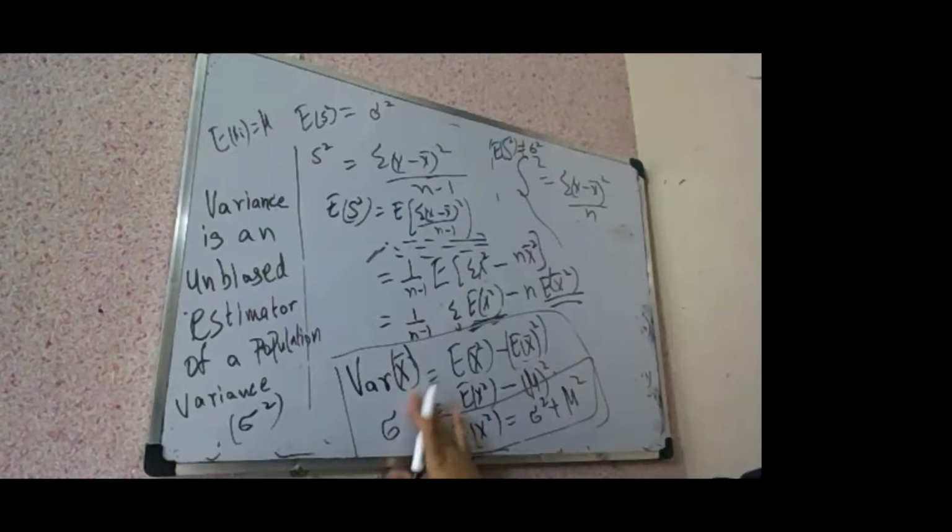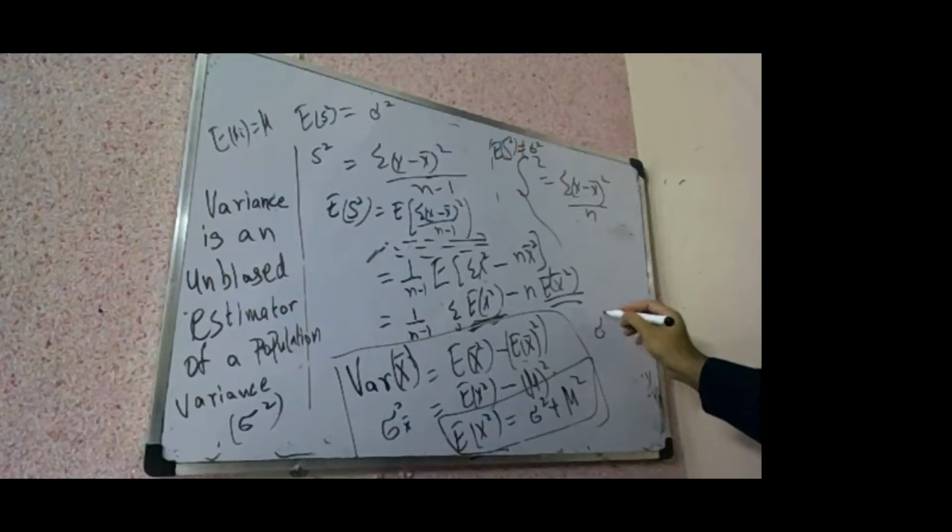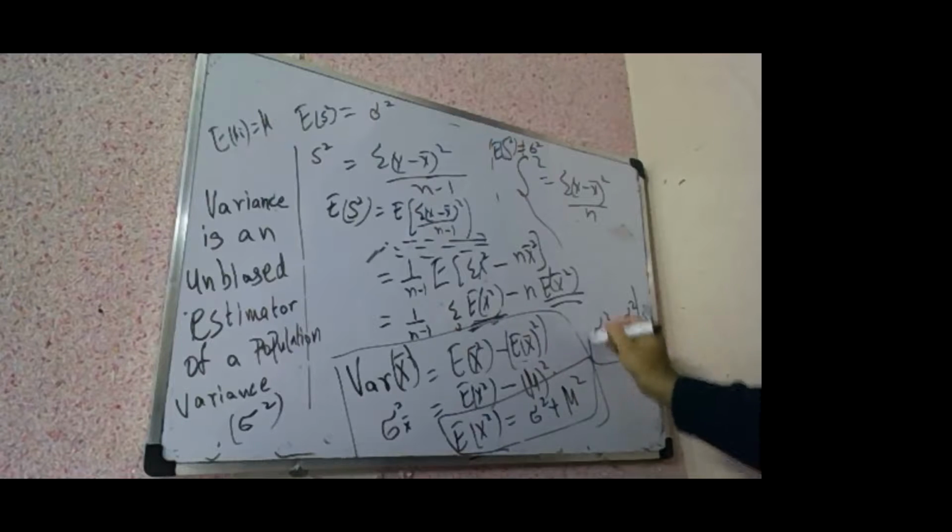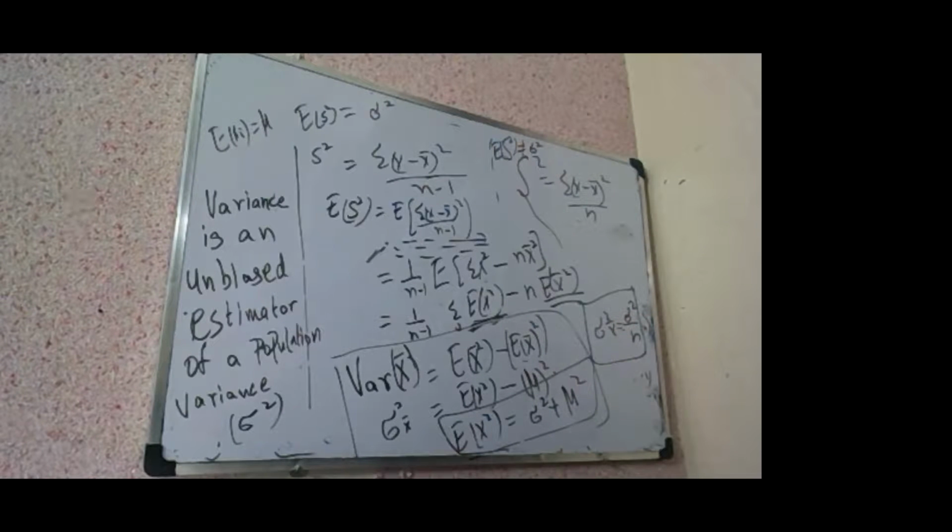It will be sigma square x bar. And we also know that sigma square x bar is equal to sigma square upon n. That's what we know, because the variance of the sample mean is equal to the variance upon n. Or you can say sigma x bar equals sigma upon root n.